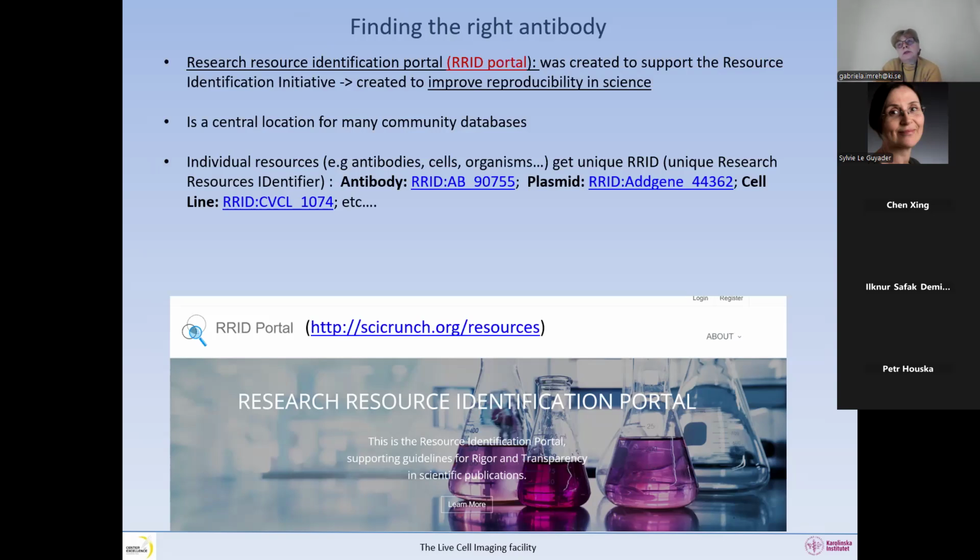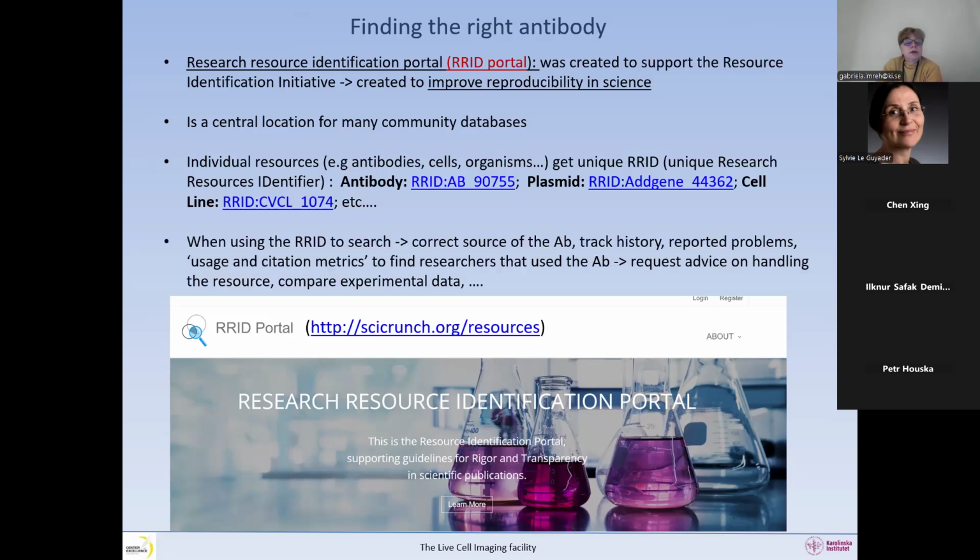Many publications and journals request that in the materials and methods you write down the RRID number of the antibody you use. When you do a search in the RRID database, you gain a tremendous amount of information. First of all, it will take you to the correct source of the antibody.